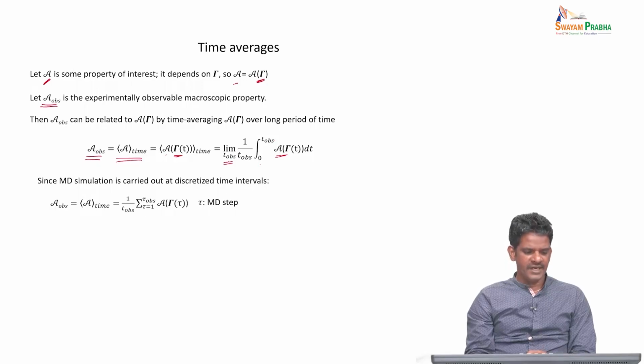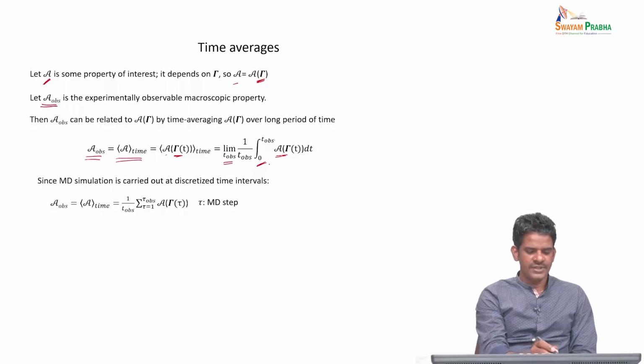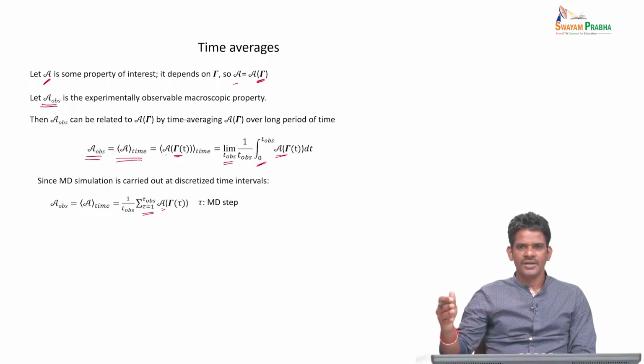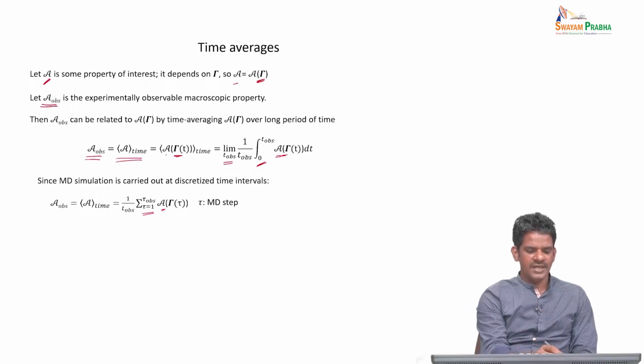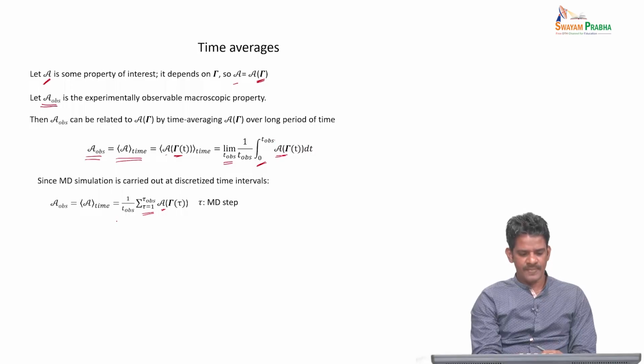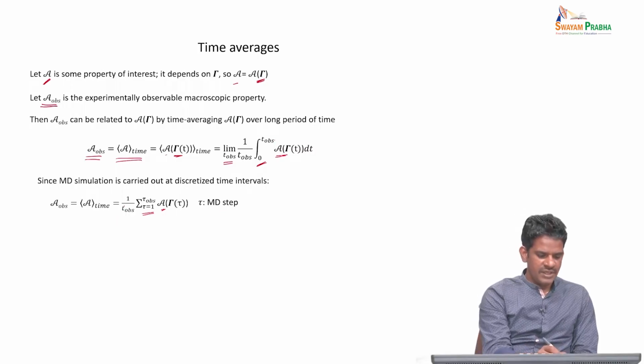In fact, in MD simulations we take discrete time steps and integrate the equation of motion. Because of that, instead of this continuous integral, we can replace it with a sum. Here tau equal to 1 means the first time step at which you calculate this property, and then you look at the system at different discrete time points, sum the property A at those discrete time points, and divide by the total number of such observations, which is tau.